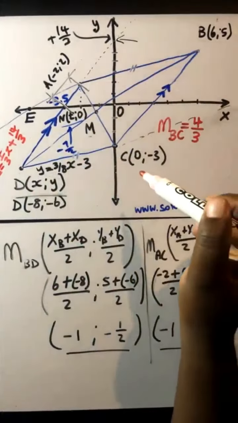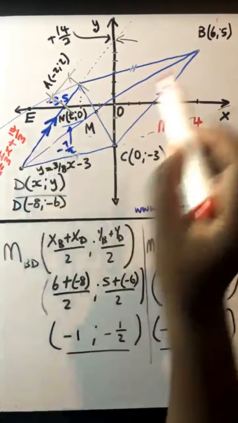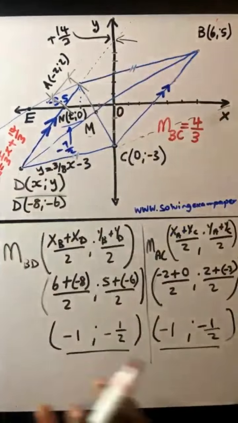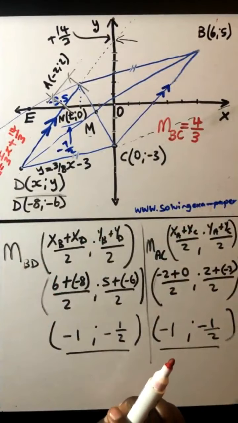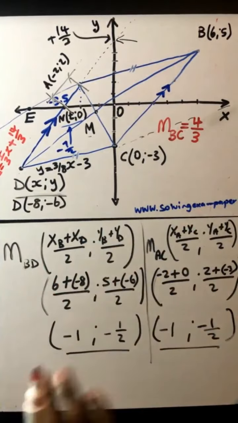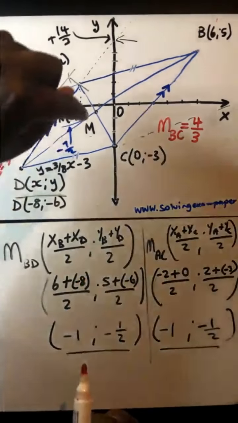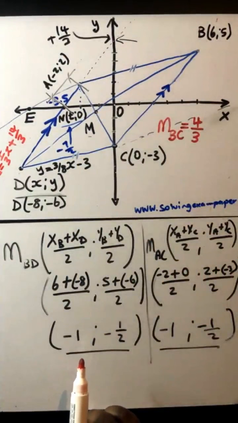So you can choose to use that point and that point, and you use the same formula to calculate the coordinates of M. So you just do exactly as we did. This is how you calculate the coordinates of M. I'm not sure, guys, if it makes sense.